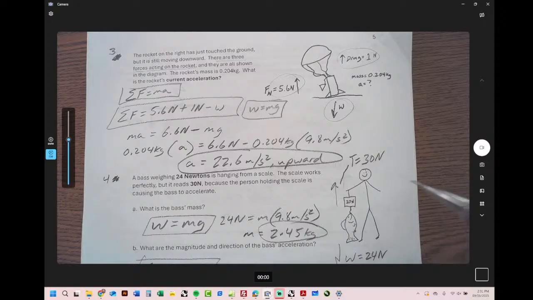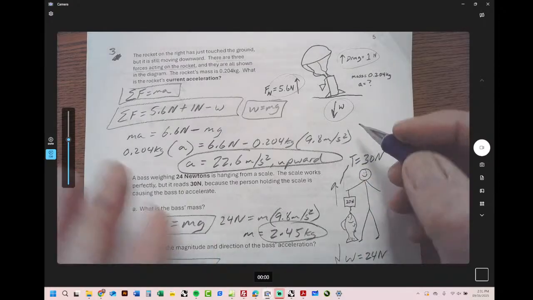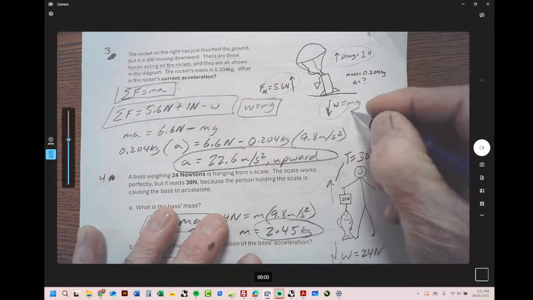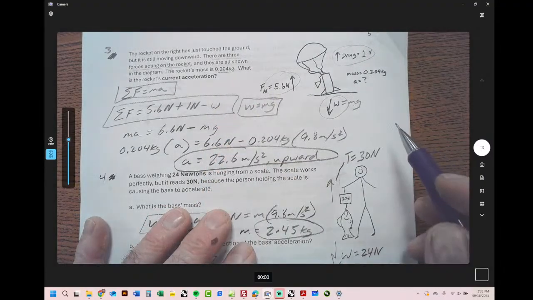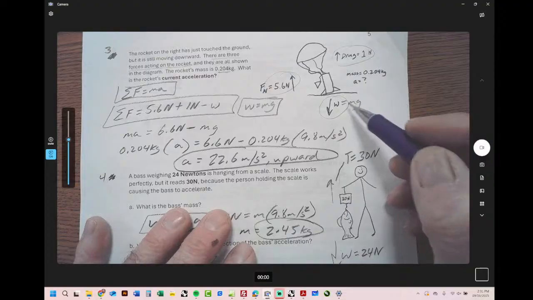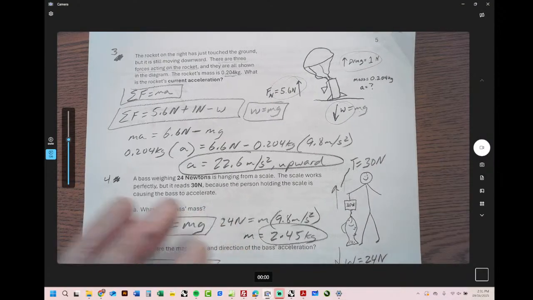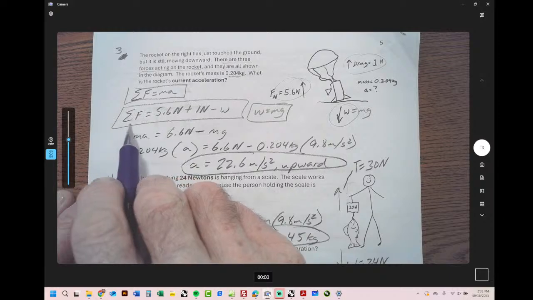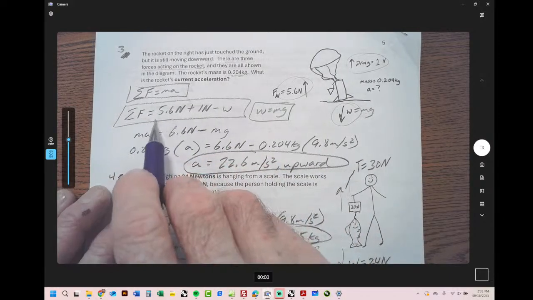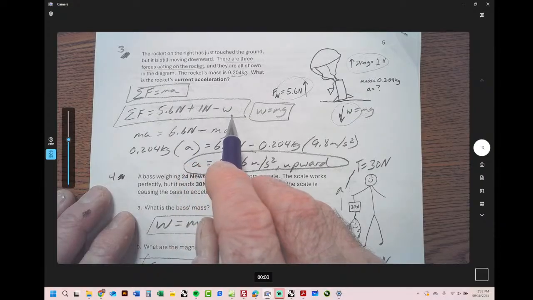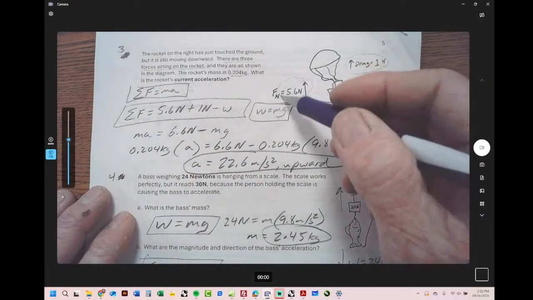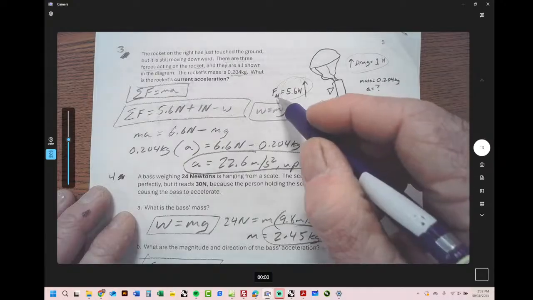The weight is mg, and I can plug in the mass, which is given, 0.204, and multiply that by 9.8, and that'll give me the weight. So here's one of my equations for net force. Net force is positive 5.6 plus 1 minus weight. This is positive because it's up. This is the normal force.